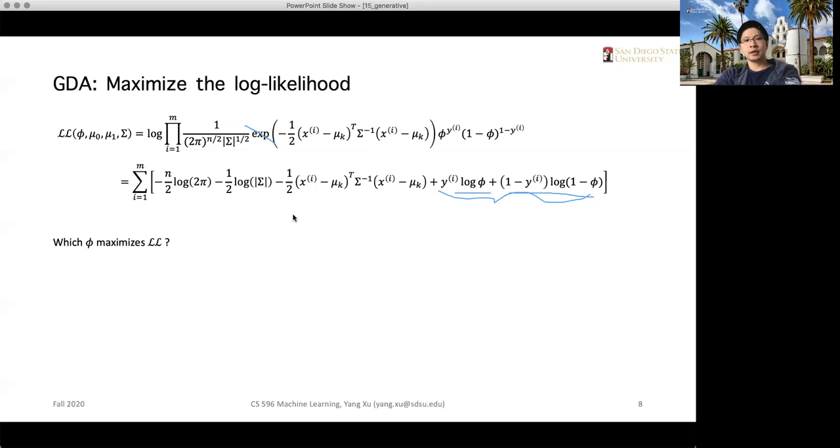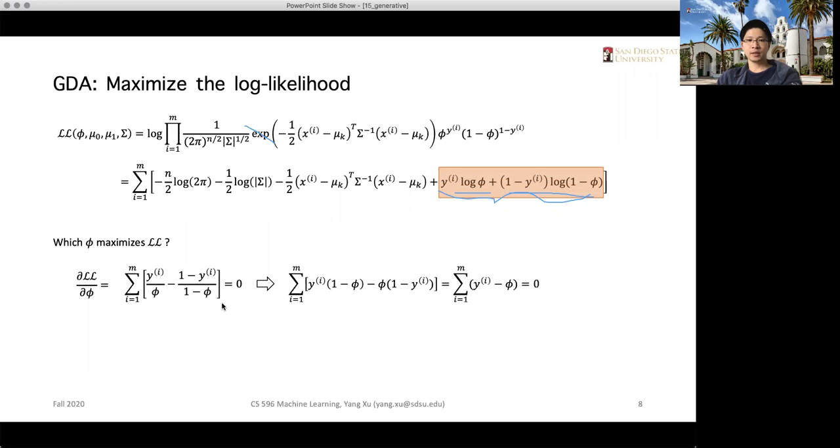So now we want to take the derivatives of this log likelihood function with respect to all the parameters, right? Including phi and mu's. So we'll start with phi, right? If we take the derivative with phi, it will give us a pretty neat term because the logarithm function will be gone, right? So if we set the derivative to 0, then we can basically solve these equations this way, which means that phi can have a really clear analytical solution, right?